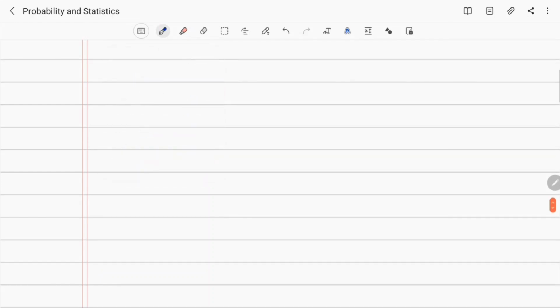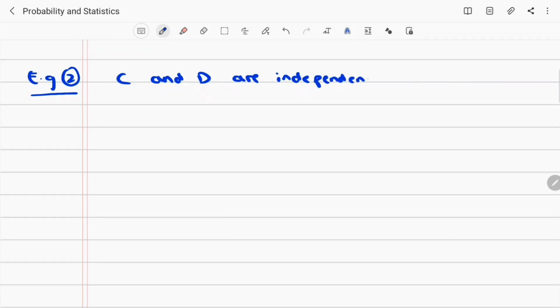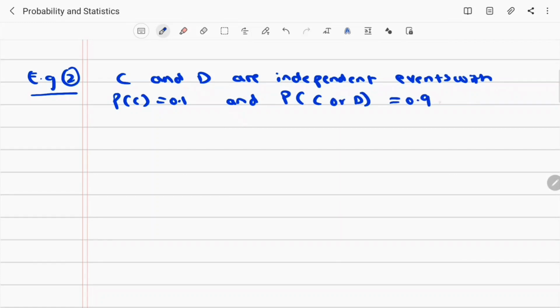Now let's look at another example. Example 2. Let's say we've got two events, C and D, and they are independent events again. The probability of C happening is 0.1 and the probability of C or D is 0.9.